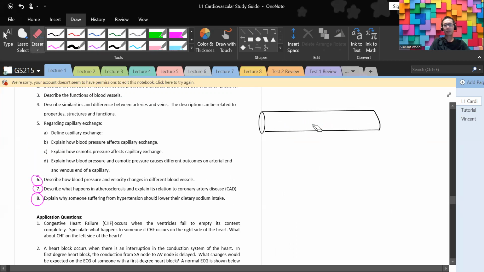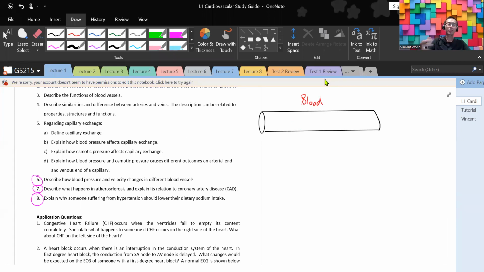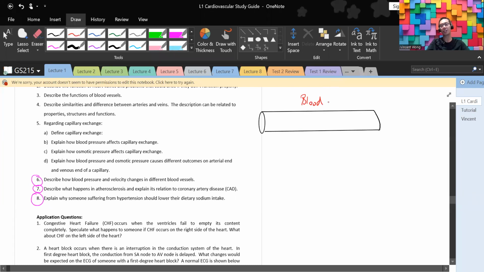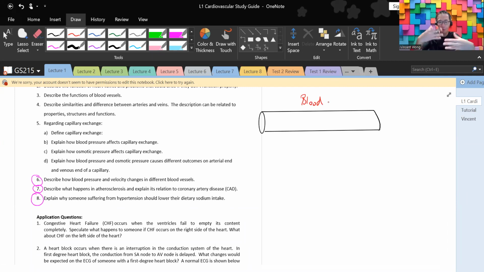I believe I told you in the lesson that blood doesn't like to pass through a rough surface. The inside of the blood vessel is very smooth because of the endothelium. All these cells that form the inside create a smooth surface.